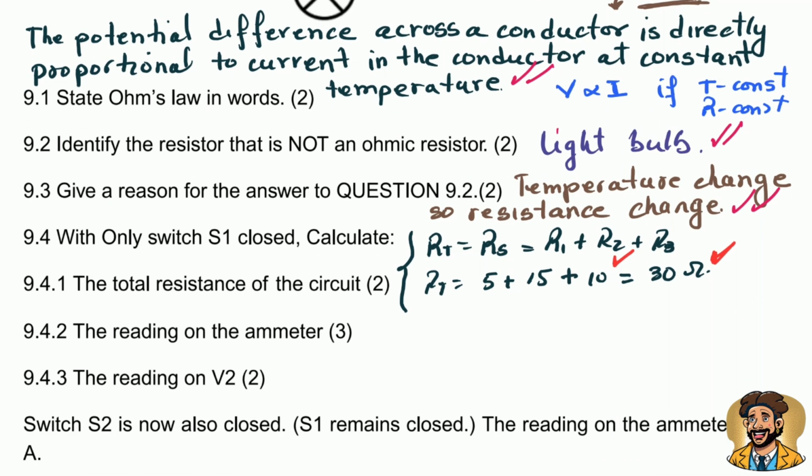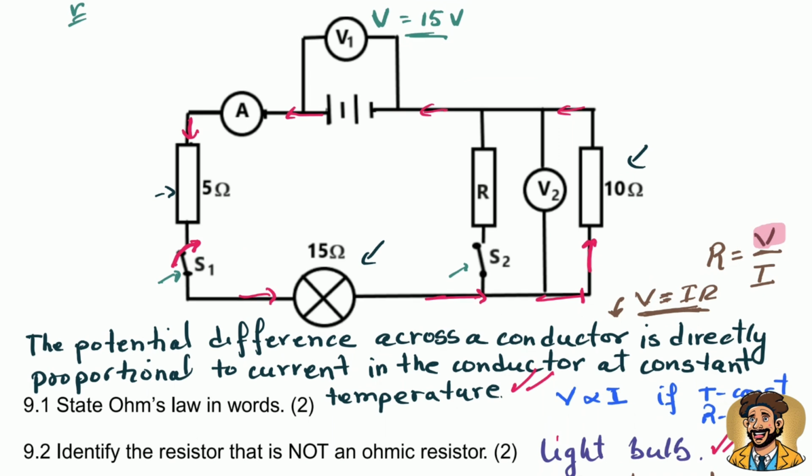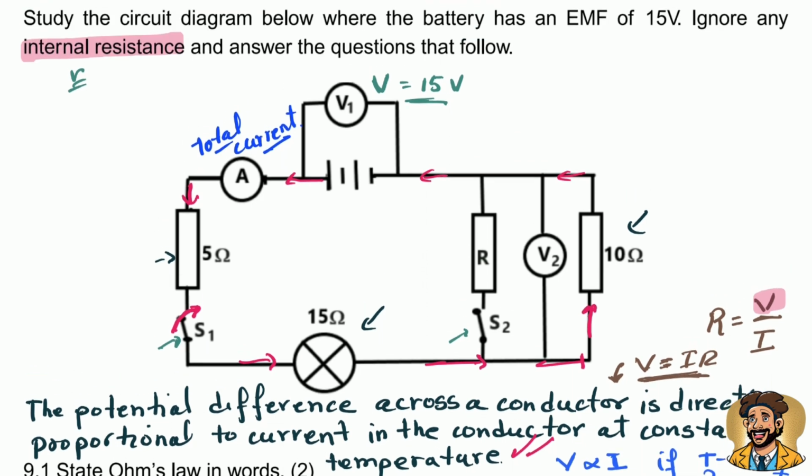Now, calculate the reading of the ammeter. So let's look at the ammeter. What is that ammeter reading? That ammeter is reading the total current of the circuit. Okay, so how are we going to use it? We are going to apply Ohm's law.